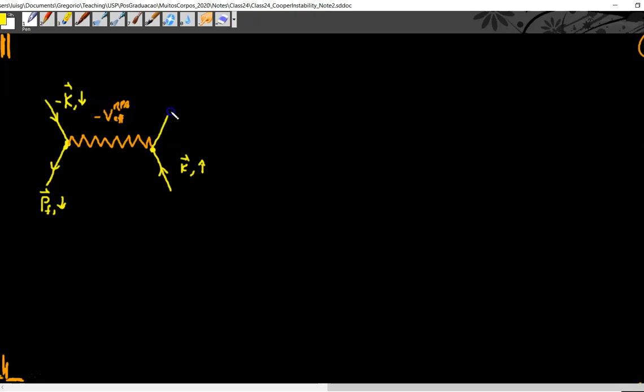Let's say that our final momentum here is P, okay, spin up. So let's conserve momentum in this vertex. Let's point my little arrow this way so that K is coming in, P, and this momentum is going out. So in order to conserve momentum, the sum of this with this has to be equal to K. So this should be K minus P, right?